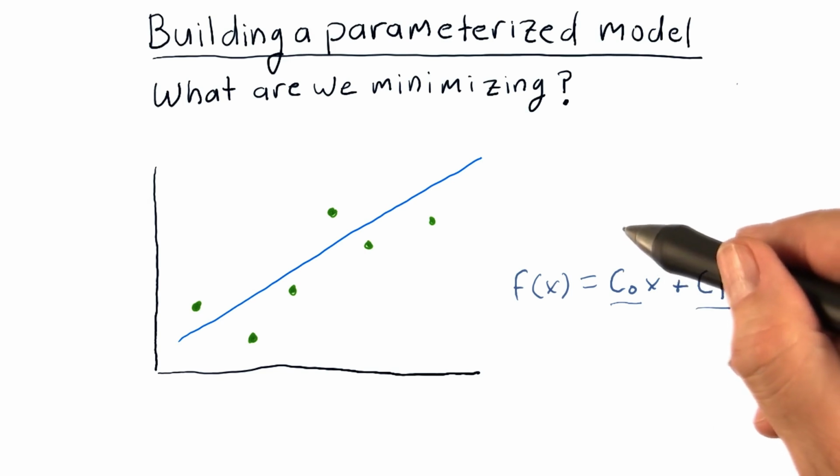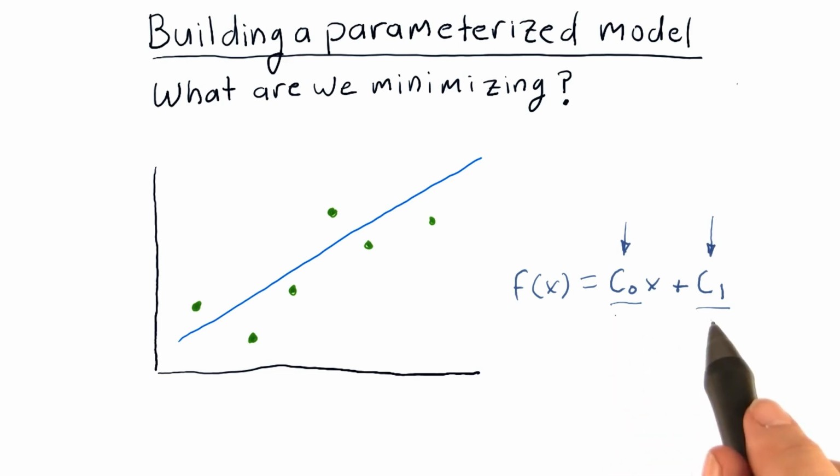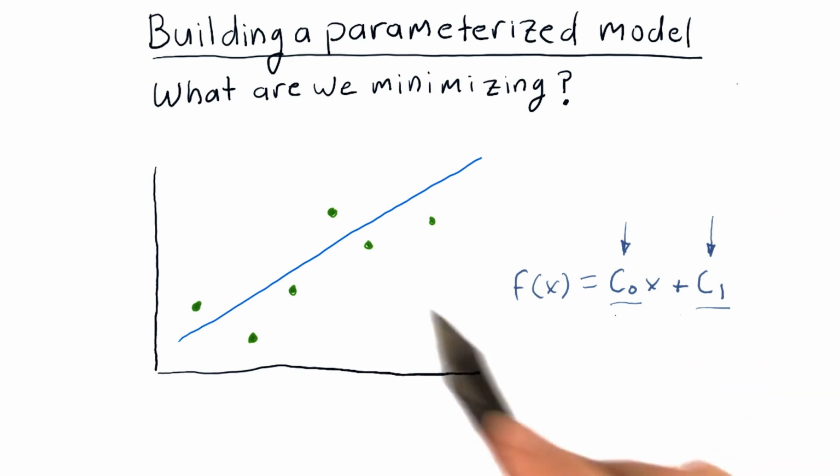And what the minimizer is going to do is it's going to vary this C0 and C1 to try and minimize something. And so we have to come up with an equation that gets lower in value as this line better fits the data. What should we use for that equation?